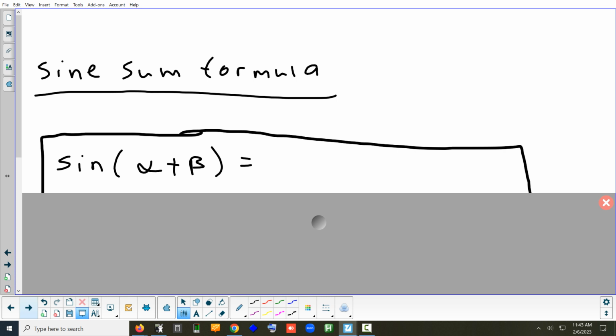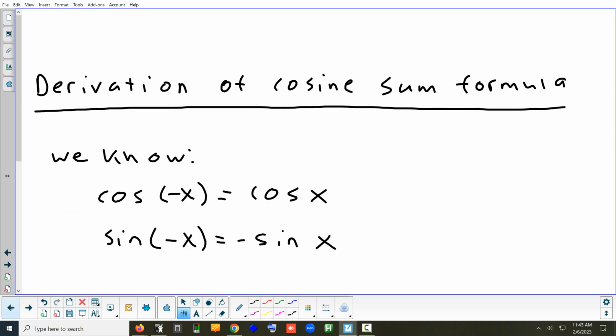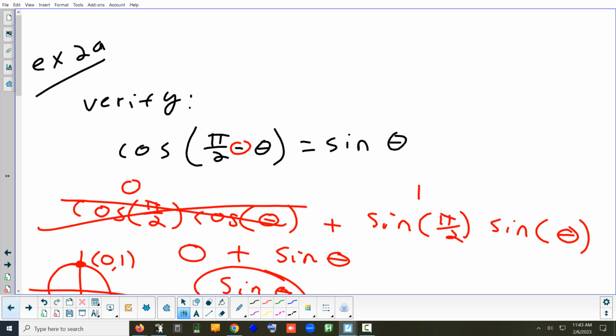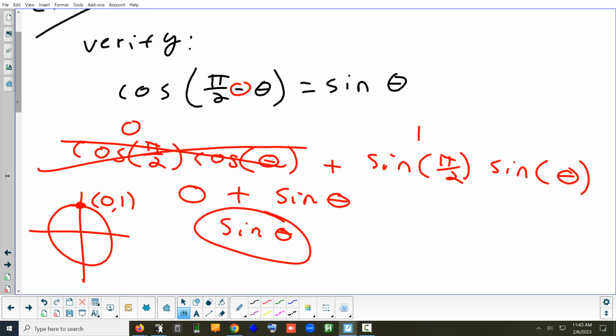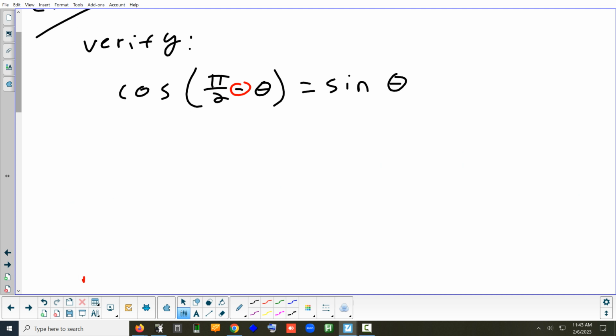Let's go back to something we verified earlier. In fact, I'll do it on that page. Right here. This is a formula that converts between sines and cosines. And that's what we kind of want to do now. We've got the cosine sum and difference, but we want to convert it to a sine sum and difference.